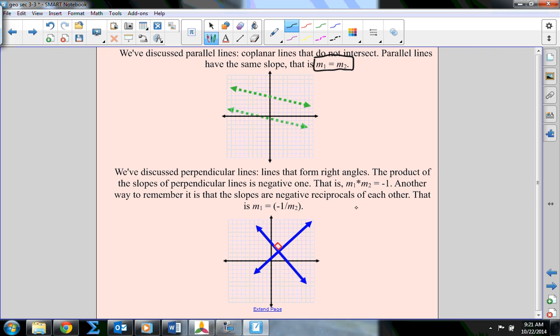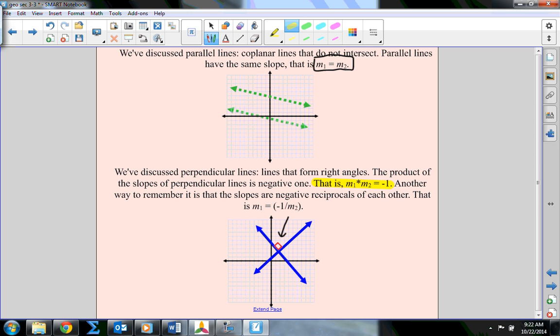Perpendicular lines form right angles. And we know that by that little box right there is how we know that they're perpendicular. And their slope has a special property as well. And there's a couple of different ways to remember it. Some people like to remember that the product of their slopes is -1.